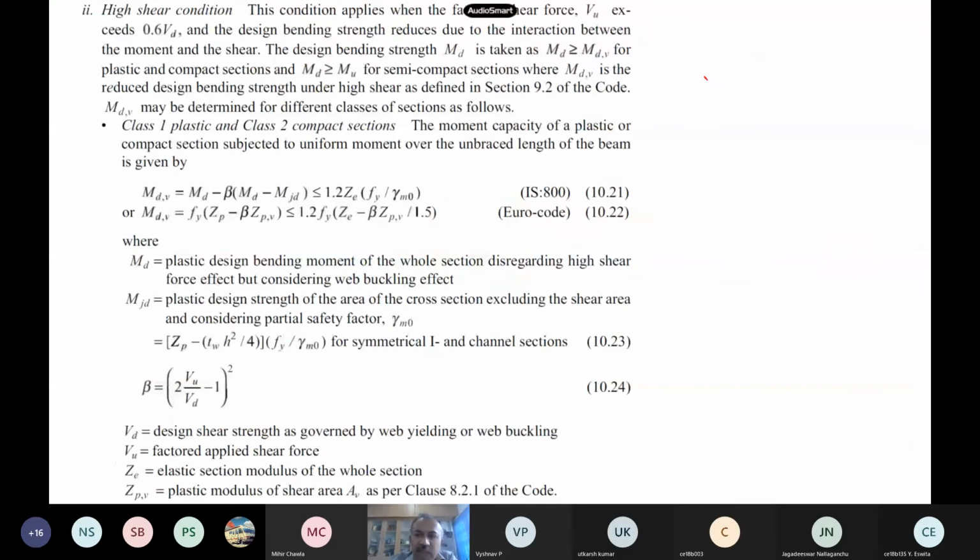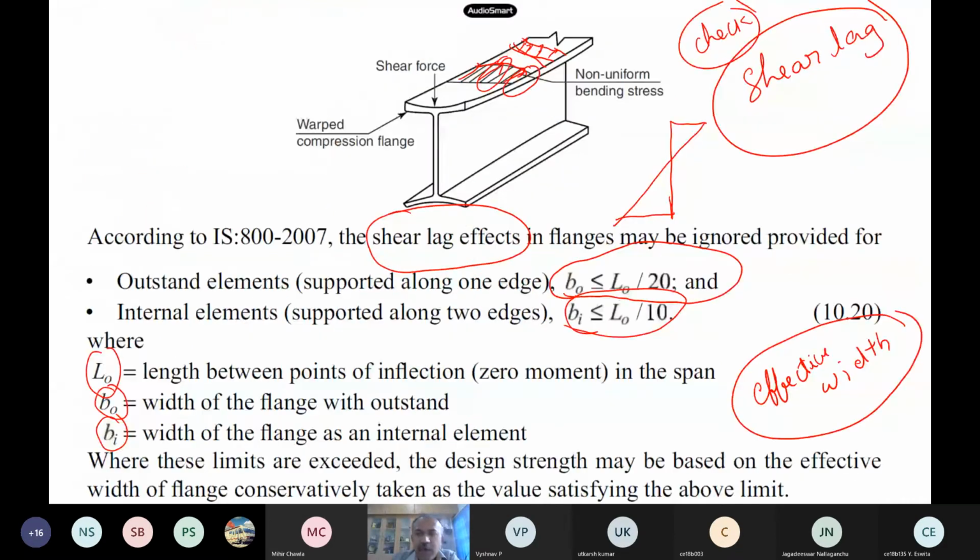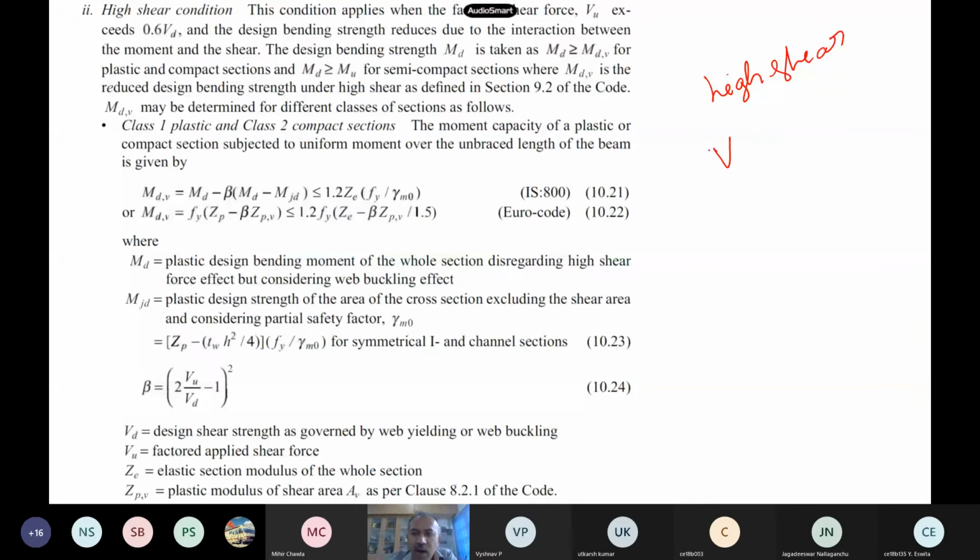Now if it is for high shear, what is meant by high shear? Low shear means this is the criteria: the shear force should be less than 0.6 times the design shear capacity. So this is our low shear.